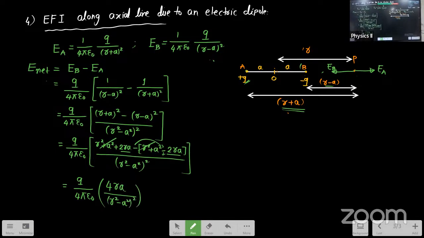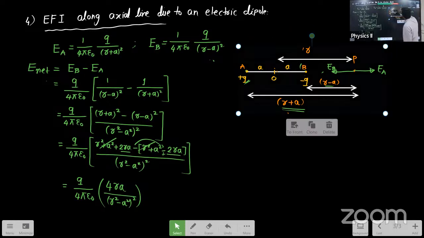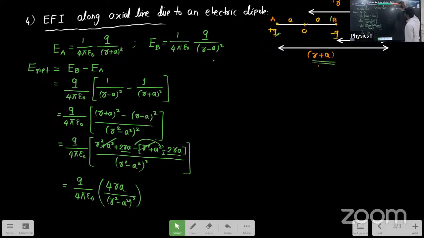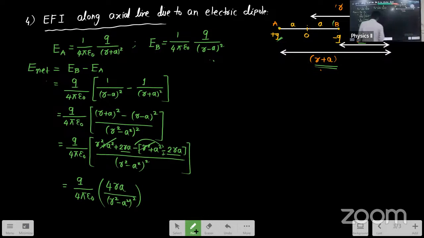I hope you are getting this. You might have understood till here. Three more steps are there, after that we are going to finish this answer. Let me move this diagram somewhere here. Okay, I hope you are able to see this. Now see here, I'm continuing this answer here.